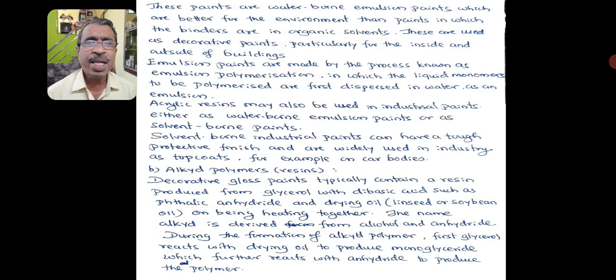The name alkyd is derived from alcohol and anhydride. During the formation of the alkyd polymer, first glycerol reacts with drying oil to produce monoglyceride, which further reacts with anhydride to produce the polymer.